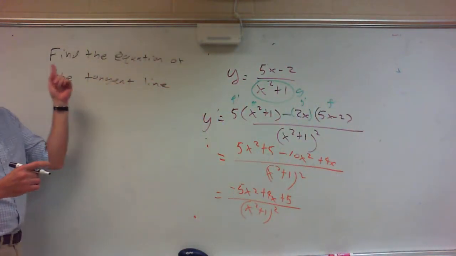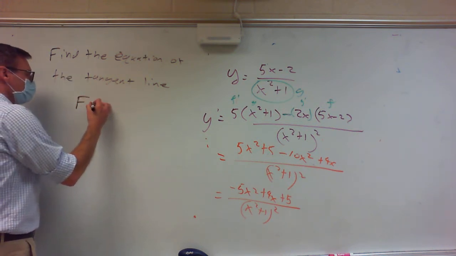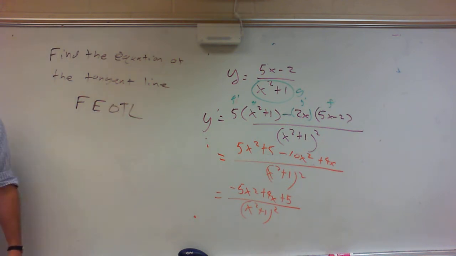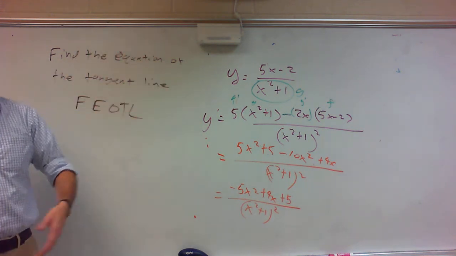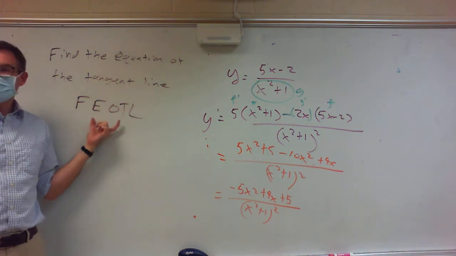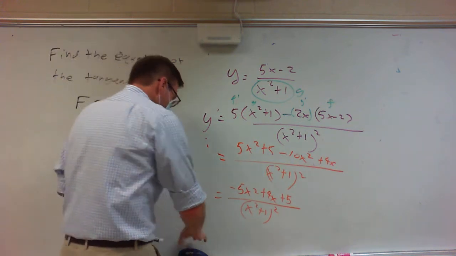And so instead of writing out all of this every single time, I'm going to abbreviate it. However you want to say it, right? On a test, I would write this part out. But as far as giving examples, I'm just going to write this down, and it says find an equation of a tangent line.